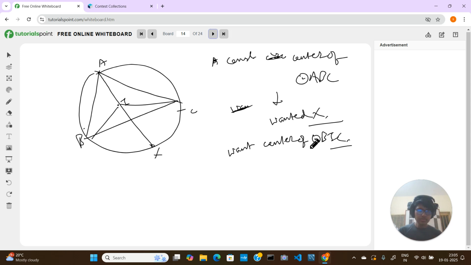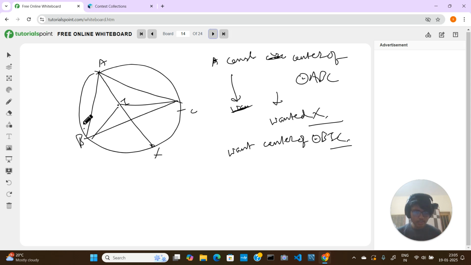See what approach did we follow originally? We wanted to construct a point X so that A, B, C, X are cyclic. Now we want the circumcenter of triangle BIC, so we follow the same thing.